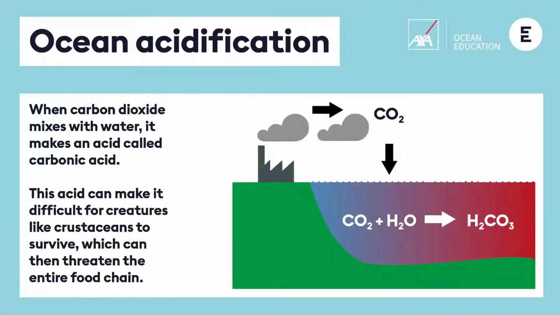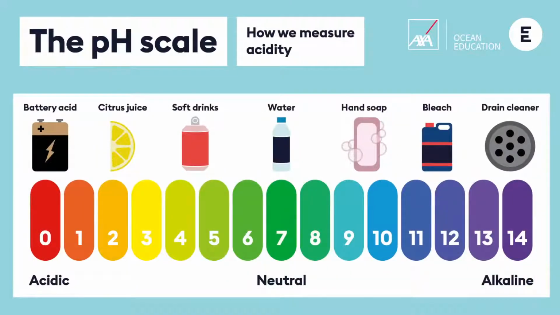Ocean acidification is really just looking at the acidity level of the ocean. And to measure that, we use a scale called the pH scale. And that really just measures the amount of hydrogen ions in a substance. Now, you may have come across the pH scale in science before, but it goes all the way from 14 with things like bleach, all the way down to 0 for highly acidic substances.